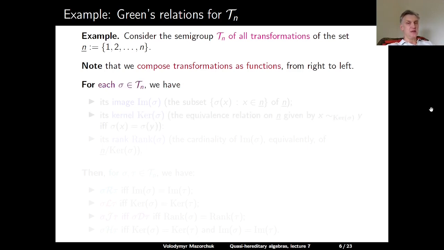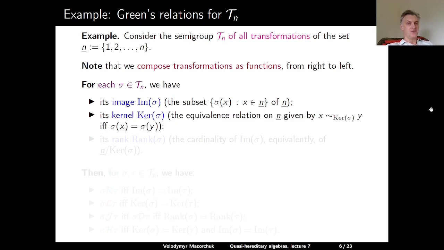For each element sigma in our transformation semigroup Tn, we can define its image. Its image is a subset of n underlined, and it consists of all elements sigma of x, where x is an element in n underlined. Then we have the kernel of sigma.